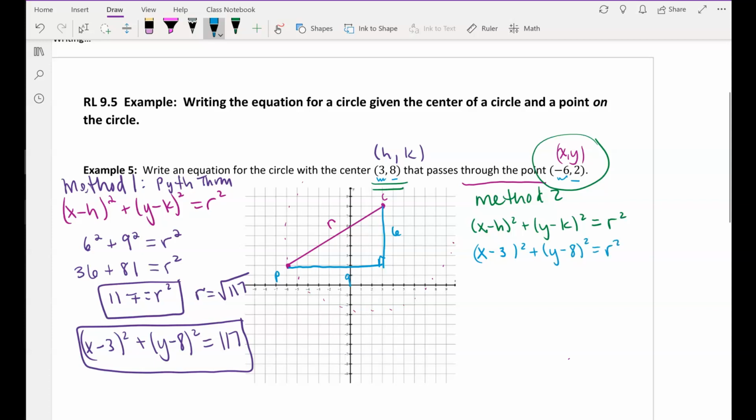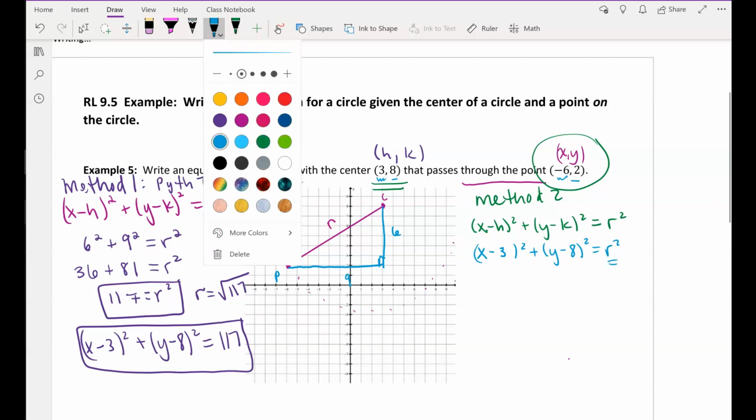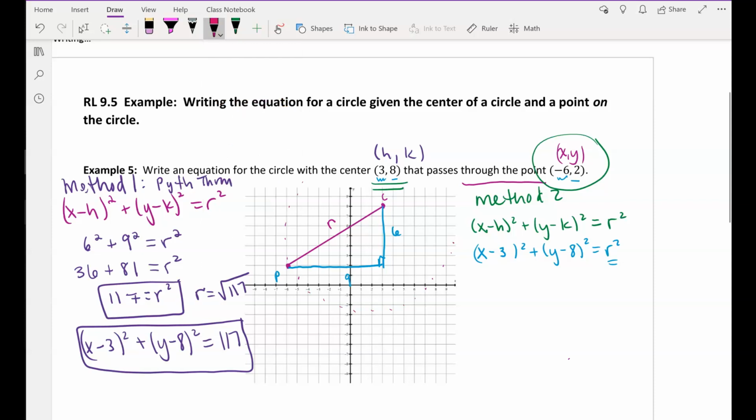The only thing I'm missing is finding r squared, but now we could substitute this x, y point in for x and y. So I'm going to substitute -6 in for x, -6 minus 3 squared plus 2 for y, so 2 minus 8 squared.